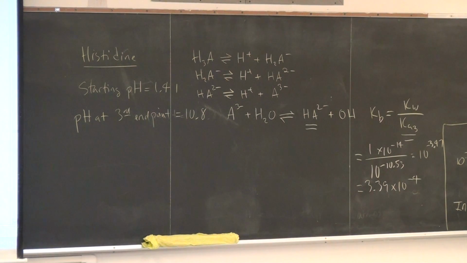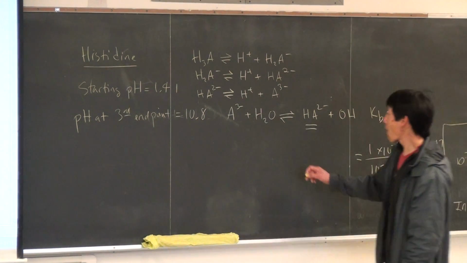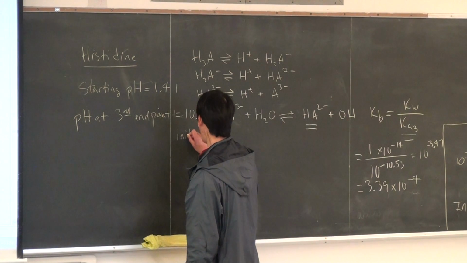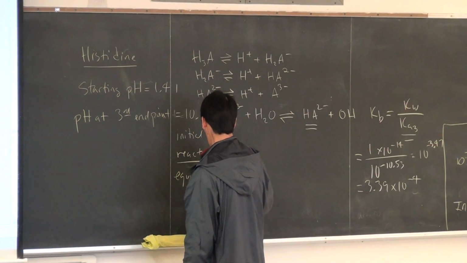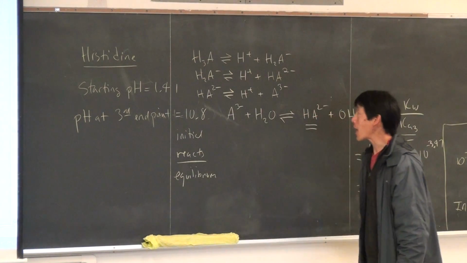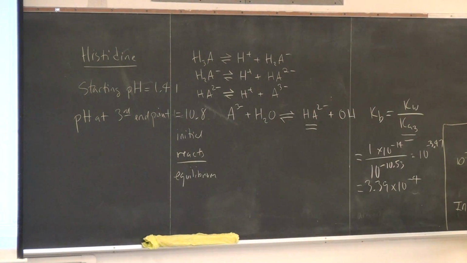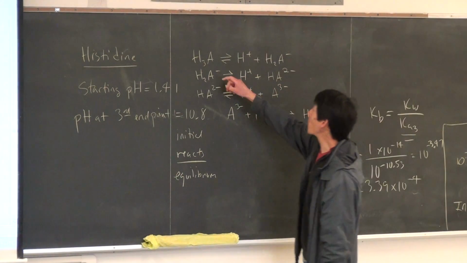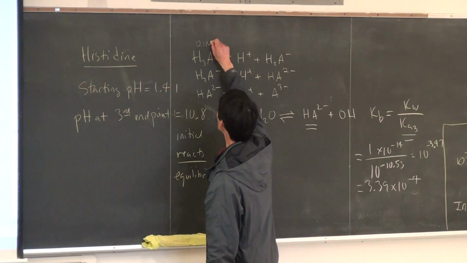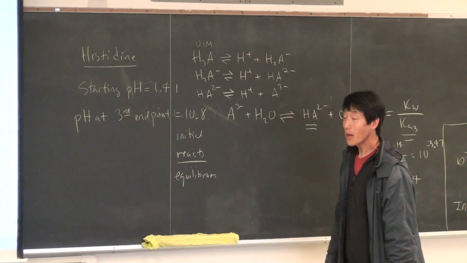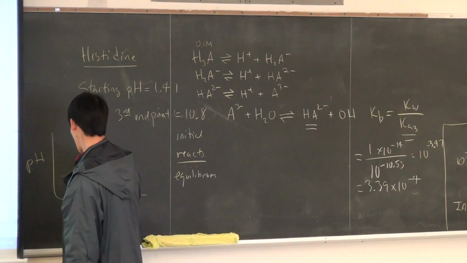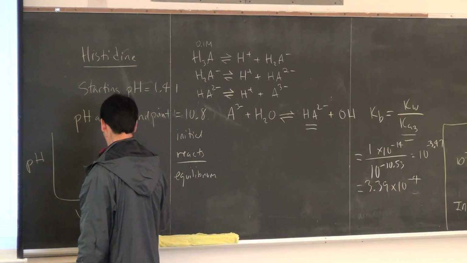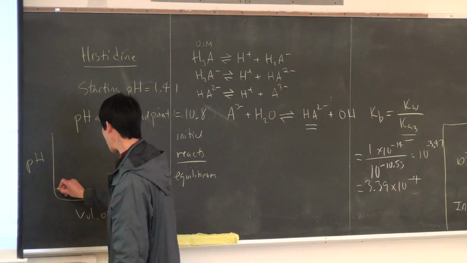Okay, so now we do an equilibrium calculation again. So we have the initial amount, the amount that reacts, and the amount at equilibrium. What's going to be the initial concentration of A3 minus? Now remember, we started with a 0.1 molar solution of H3A, and in your titration we're going to see 3 endpoints.